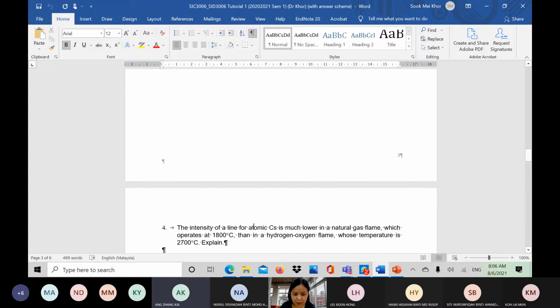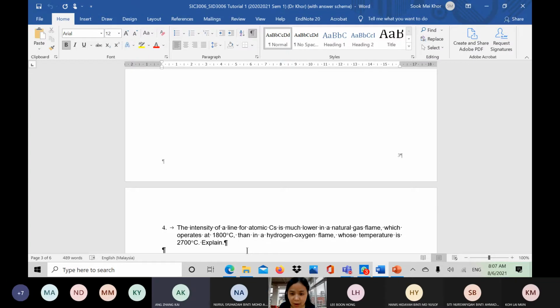If you look carefully, this question is about the comparison of the intensity of the lines. It didn't mention clearly whether it is an emission line or absorption line, but we know that it has to be an emission line. Why? Because it's a comparison between the flame temperatures. In AAS, the flame temperature doesn't matter. It won't have any impact on the intensity of the absorption signal, because the absorption signal is due to the excitation from the light source.